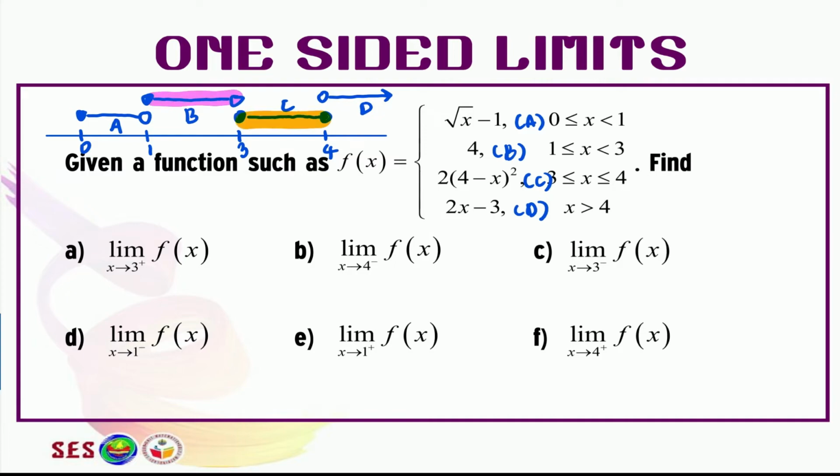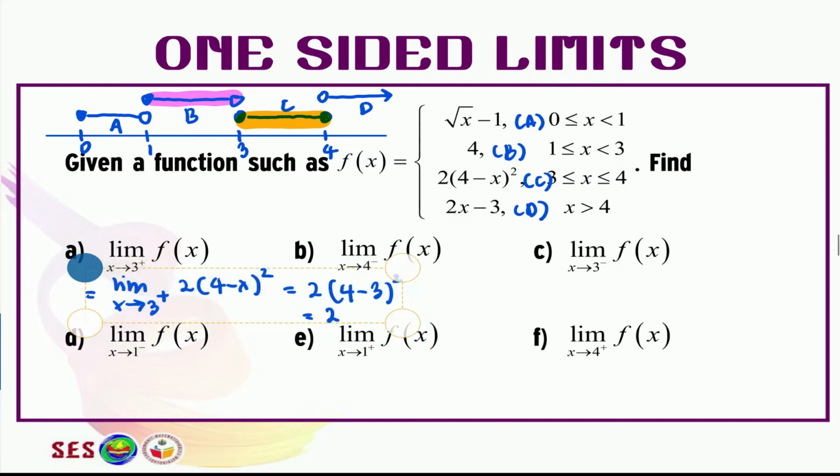And since we want to approach from the right, we should follow along function C. So, this function here can be replaced with function C. Now, this becomes the limit as x approaches 3 from the right for the function square root of 4 minus x squared. And just like before, we're just going to substitute the value x equals 3 into the function here. So we have square root of 4 minus 3 squared, and this is equal to 2. I'm going to put this one aside.